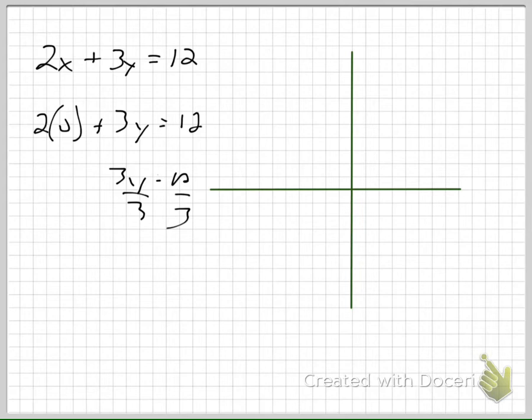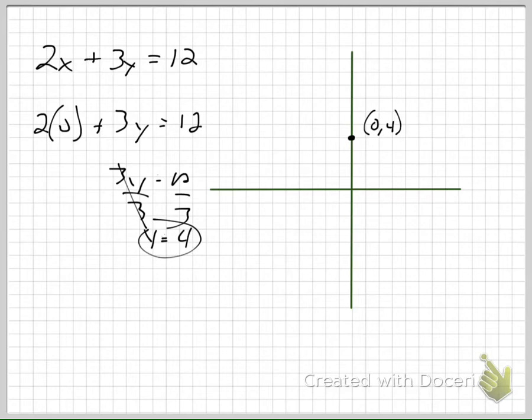Divide by 3. Y equals 4. So when x is 0, y is 4. Does that make sense? Why do we know that? Because I plugged in x is 0.